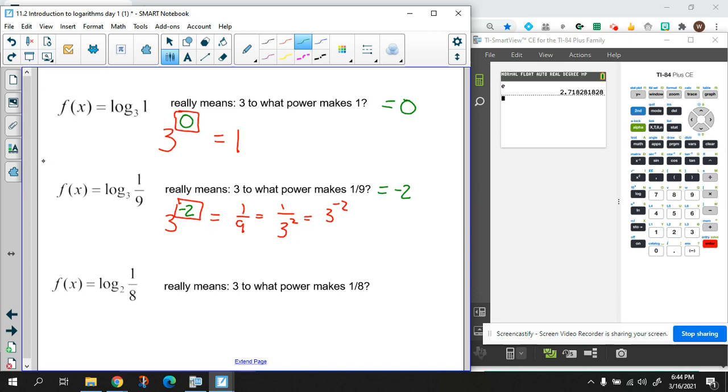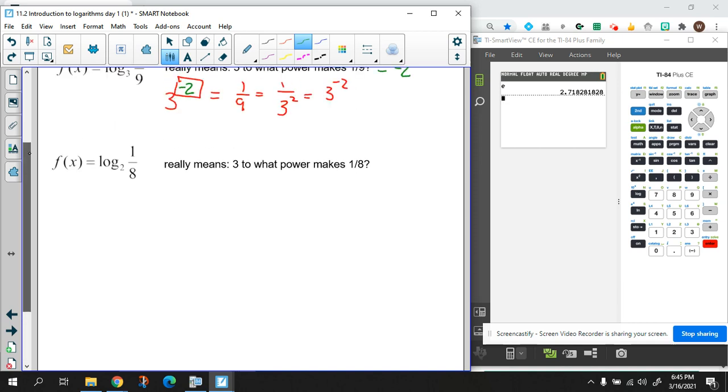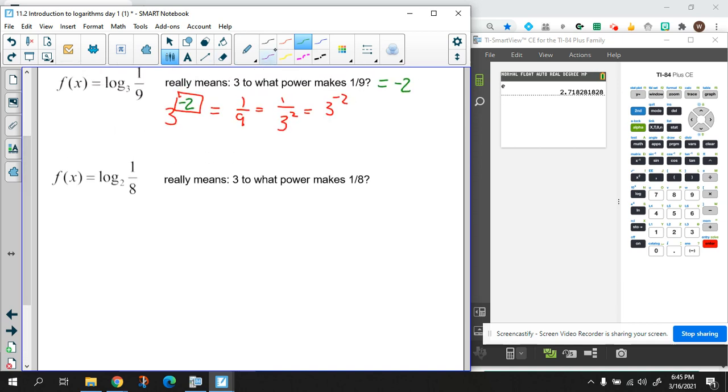Practicing that a little more. If I have log base 2 of 1/8, that wants me to find 2 to this mystery number needs to be 1/8. If you wanted to try to rewrite 1/8, you could figure out 8 is the same as 2 cubed.